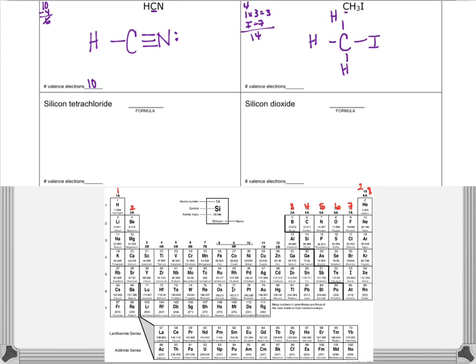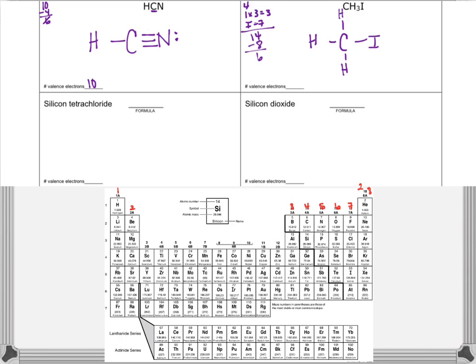Let me erase this dot so I won't be confused. Put this hydrogen back on top because it needs to be on top. Here we go. Alright, so by bonding all these, I've used up 8 electrons. So 14 minus 8 is 6.